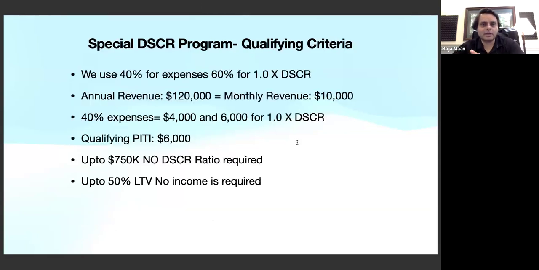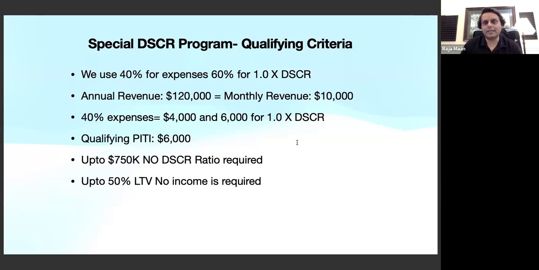Special program again, qualifying criteria. We generally use 40% expenses. We don't take the NOI like most DSCR lenders do. And this special program, like small ticket item, you don't use DSCR. So whatever the total revenue, we take 40% expenses and 60% of total revenue is used for 1.0 DSCR.